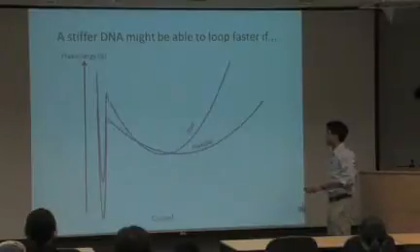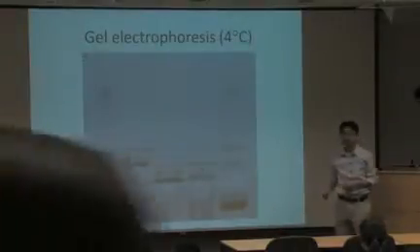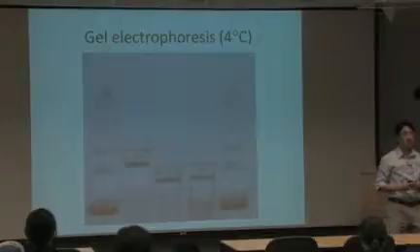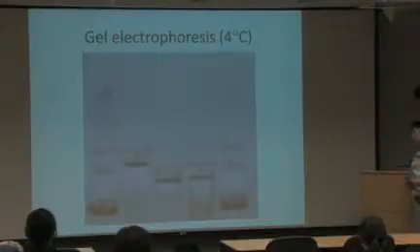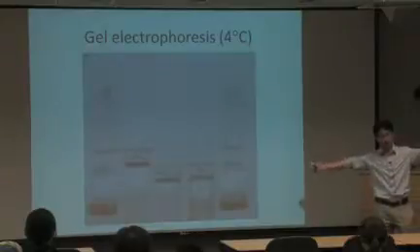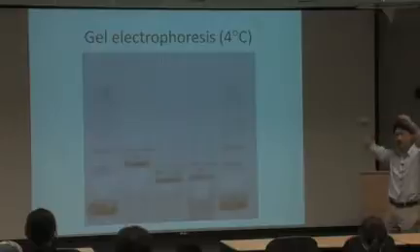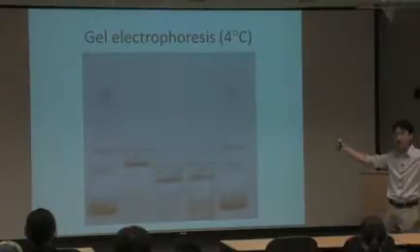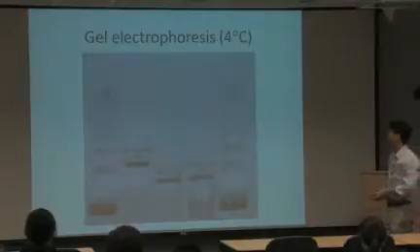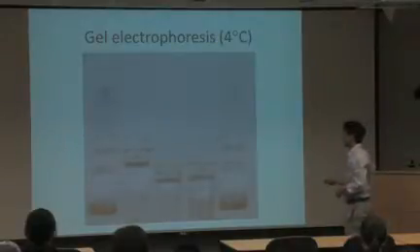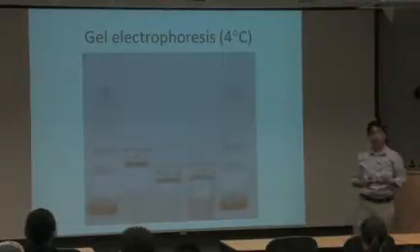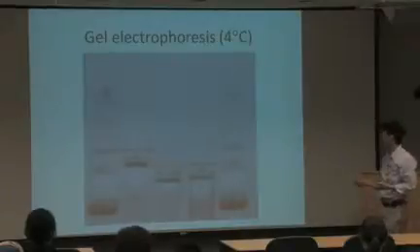So we set out to test this by using gel electrophoresis. The idea is that if you run gel electrophoresis at very low temperature, then you can stabilize a DNA molecule in the open state. Right? So we are not really looking at the effect of bending here. We are just looking at the intrinsic curvature or permanent curvature of the DNA molecule. So although all these three DNA molecules have exactly the same length, we see a very different gel mobility.